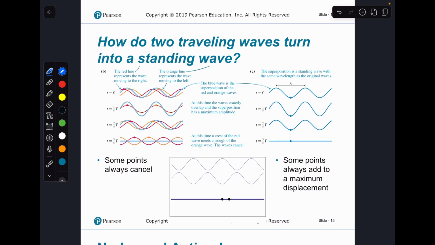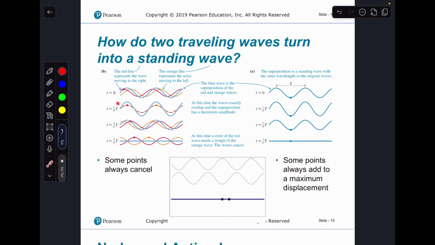So if you take a look at this graph here, the wave moving to the right is represented by the red line. The wave moving to the left is represented by the orange line, and then their superposition is represented by the blue line. At certain times related to the period, you're going to see how they add up together.